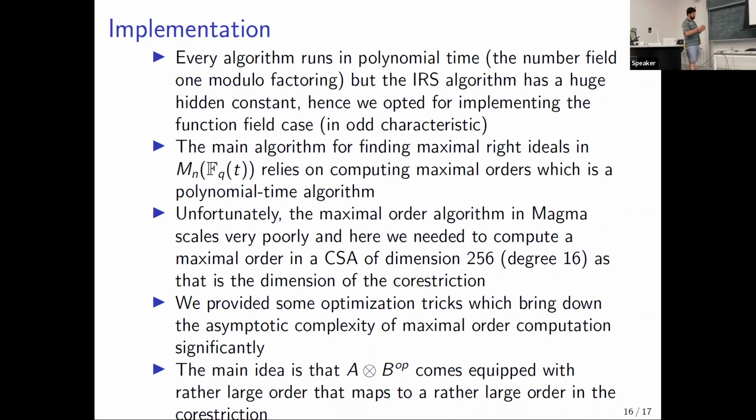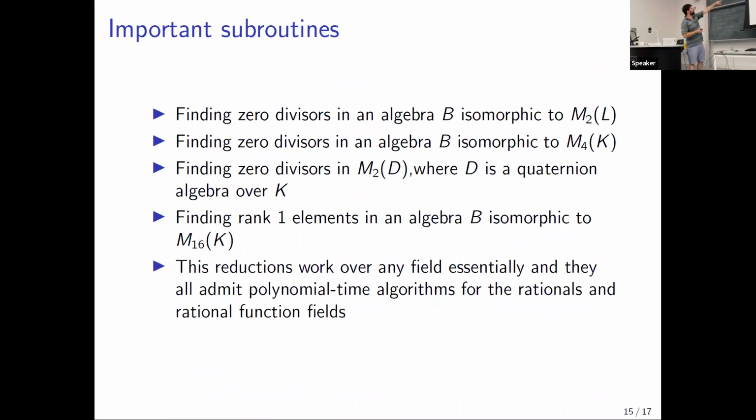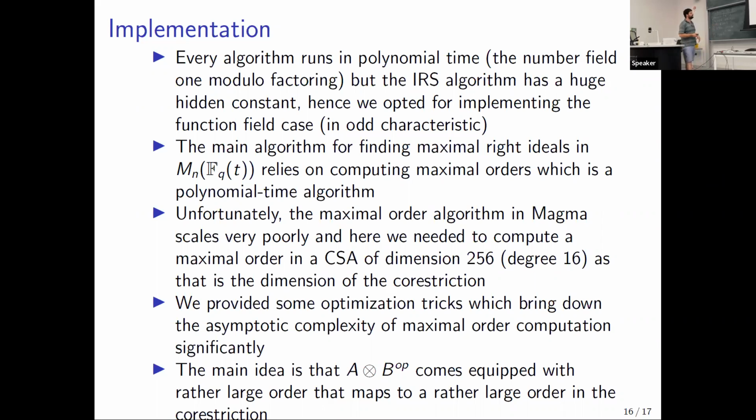The reason is that, for example, you have to find rank 1 elements in M16K, and that is technically polynomial time using the Vilnius algorithm, but the constant is huge. But the FQT version shouldn't have been a big problem.